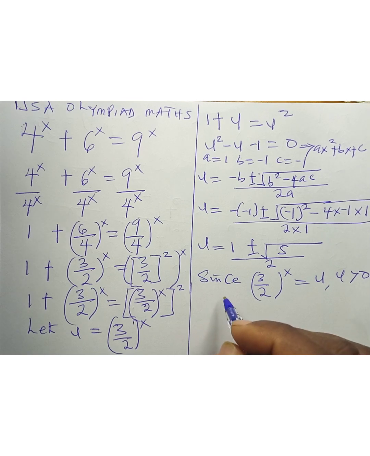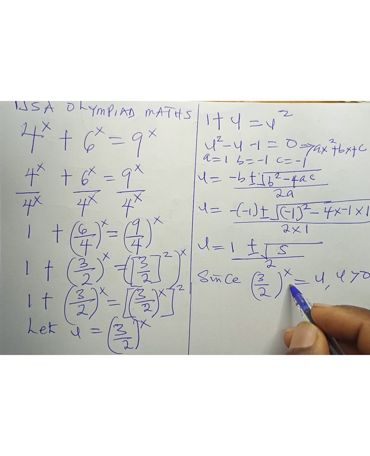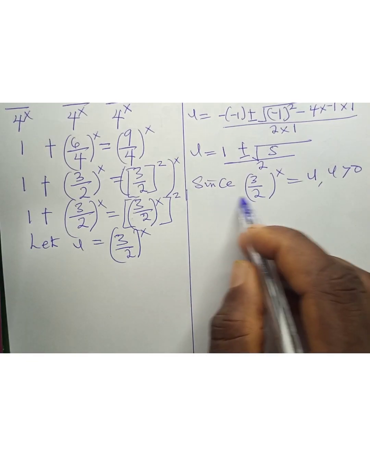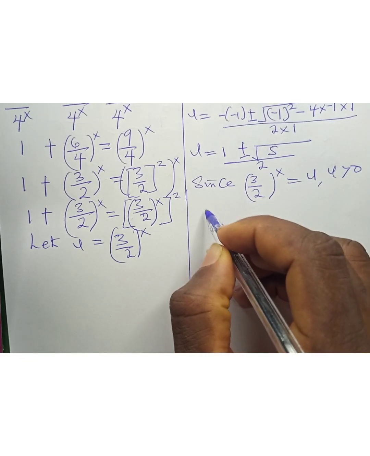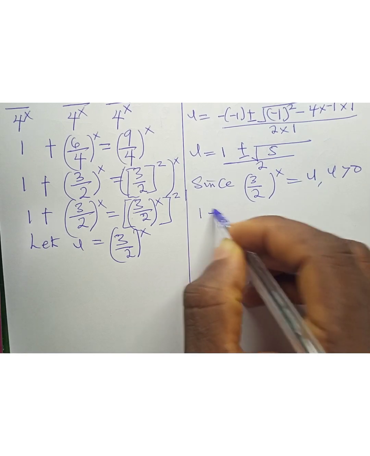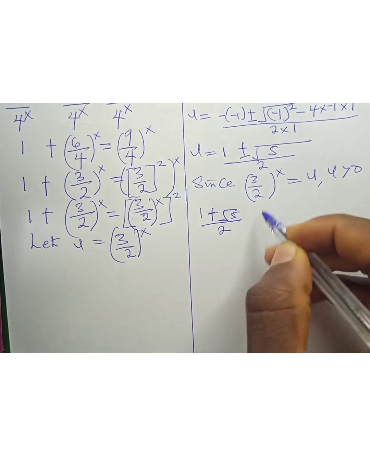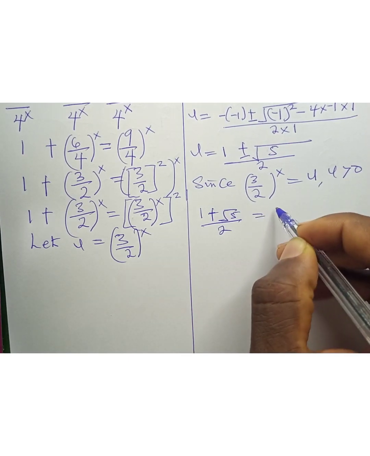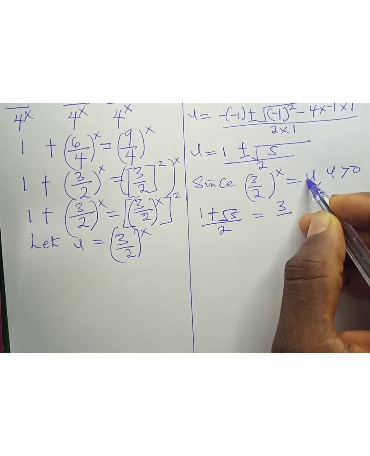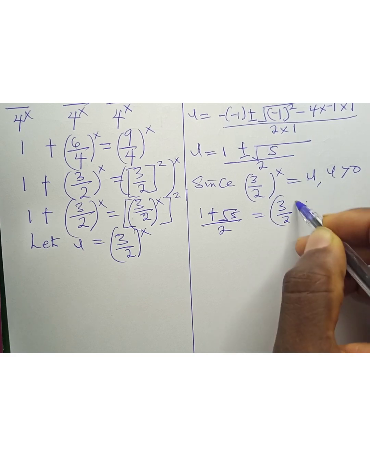It therefore means that we are going to take the logarithm of both sides. Here u is 1 plus square root of 5 over 2, which implies 3 over 2 raised to power x.